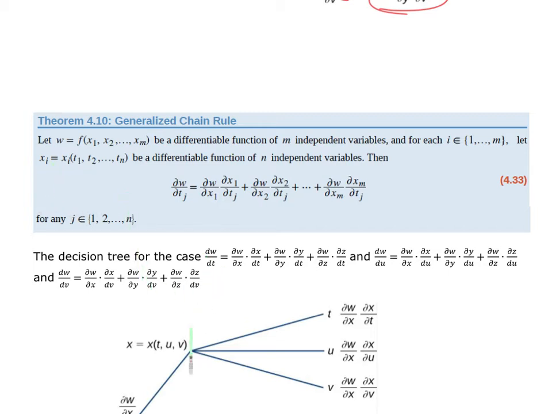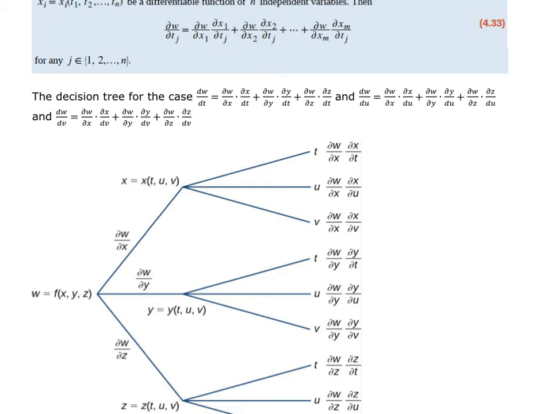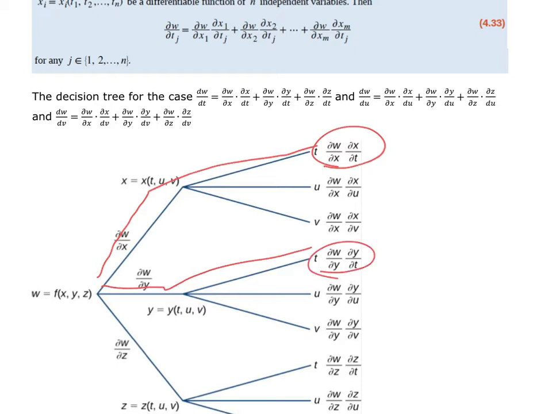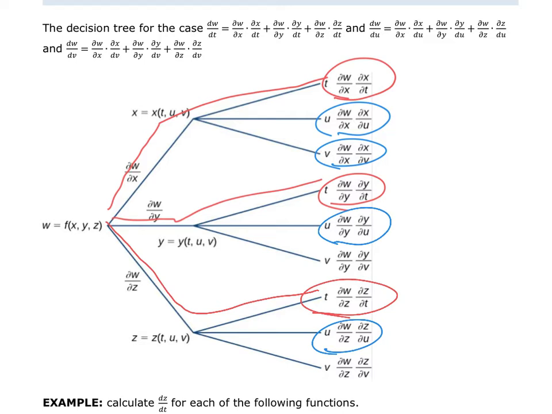Then if I have dw with respect to t, I have all of these additions, and I would follow each branch. I'd also have to do it with the other variables, and of course with respect to u, and also with respect to v.